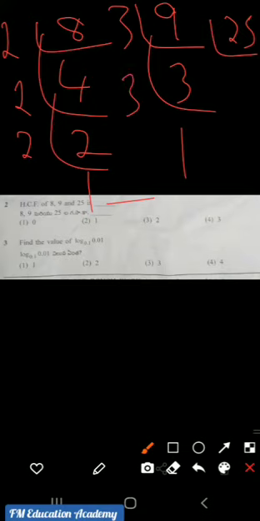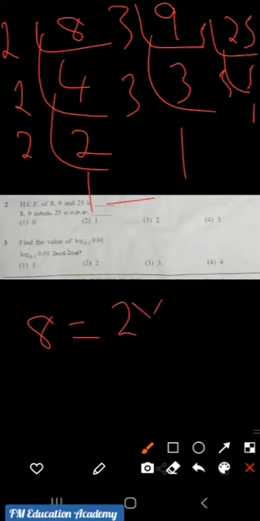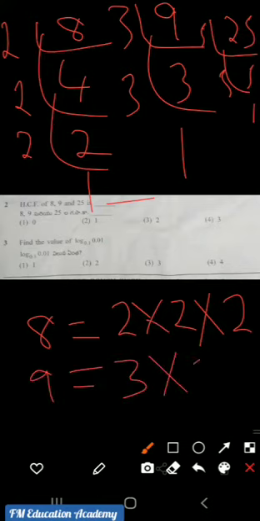For 9, 3 3s are 9, 3 1s are 3. And for 25, 5 5s are 25, and 5 1s are 5. So from this prime factorization, 8 can be written as 2 into 2 into 2, 9 can be written as 3 into 3, and 25 can be written as 5 into 5.